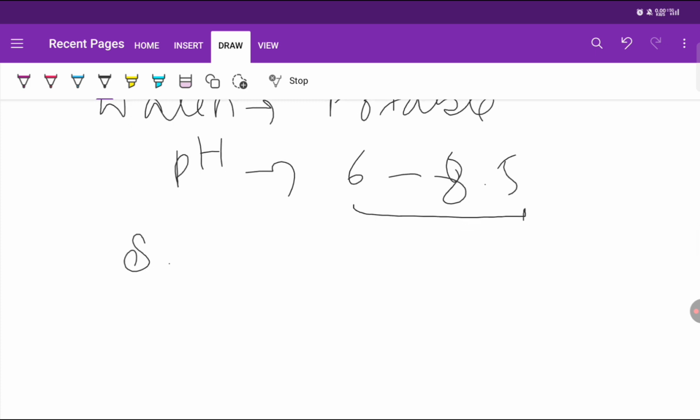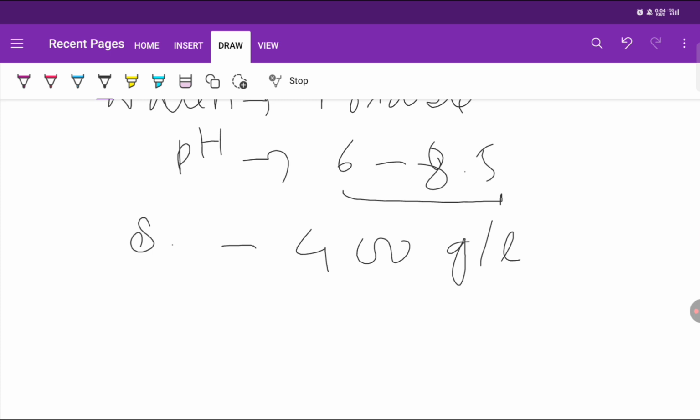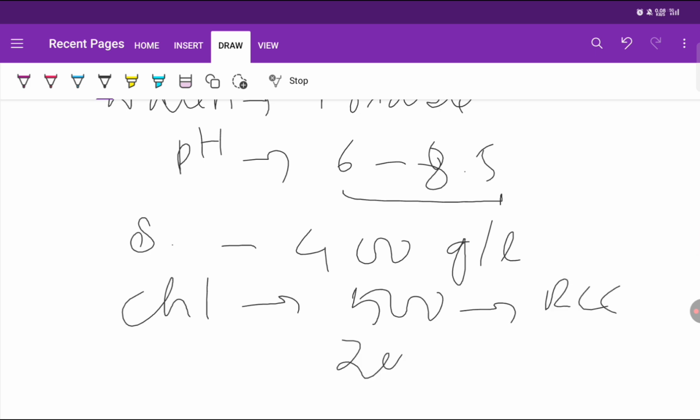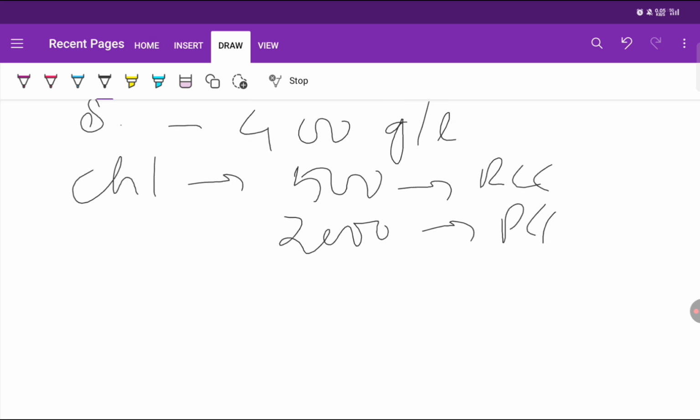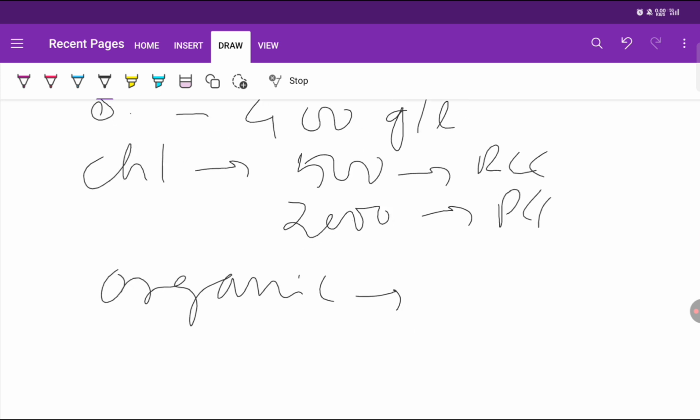Okay, sulfate content should be 40 gram per liter. And what else is there, chloride. So how much chloride should there be? 500 for RCC and 2000 for PCC, remember. So 2000 for PCC. Sulfate done, then the organic content, the maximum permissible organic content is about 200, remember.